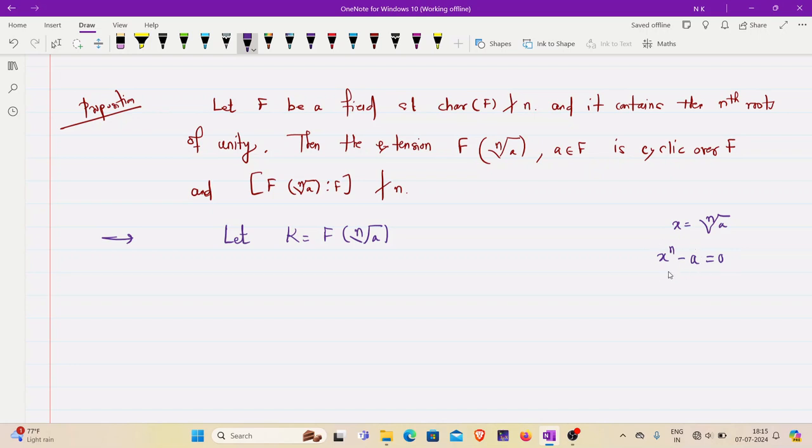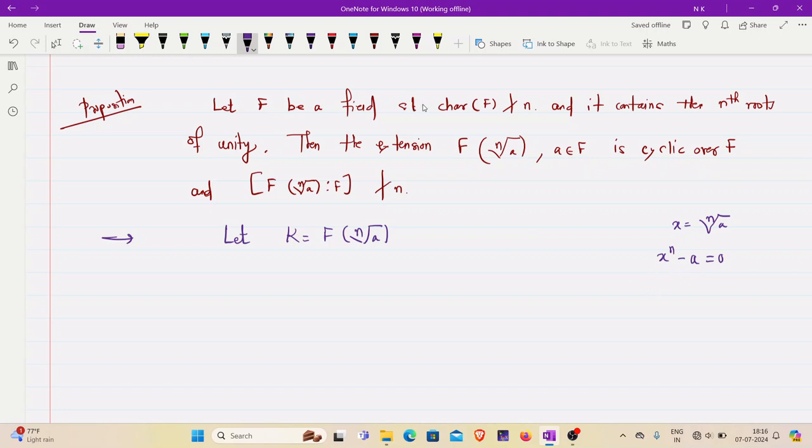All its roots will be in F(nth root of a), because F contains the nth roots of unity. All the roots of this polynomial are distinct because the nth roots of unity are distinct. So this is a separable polynomial.